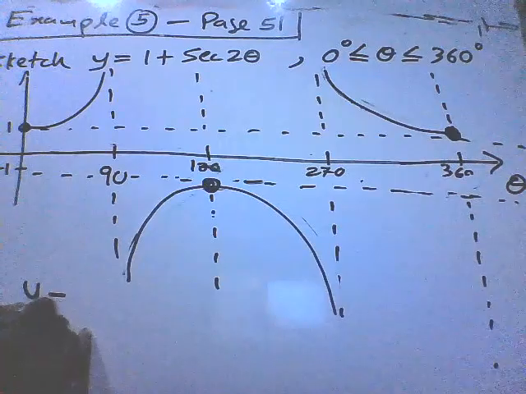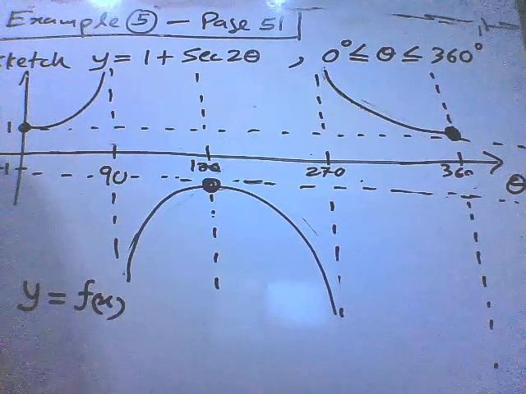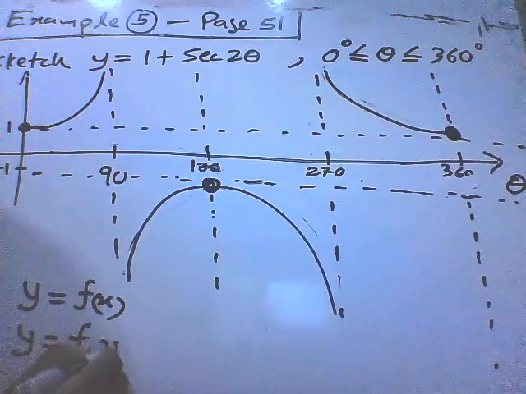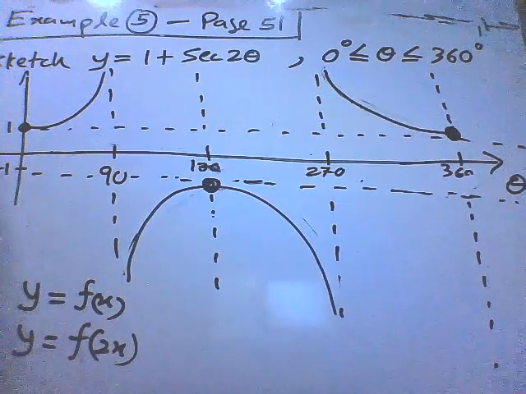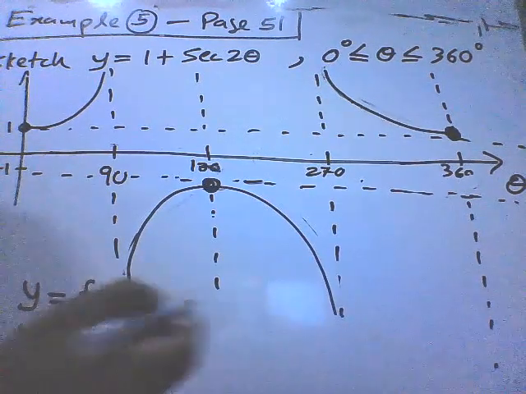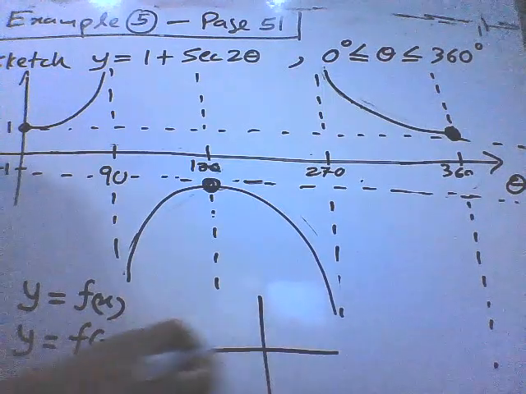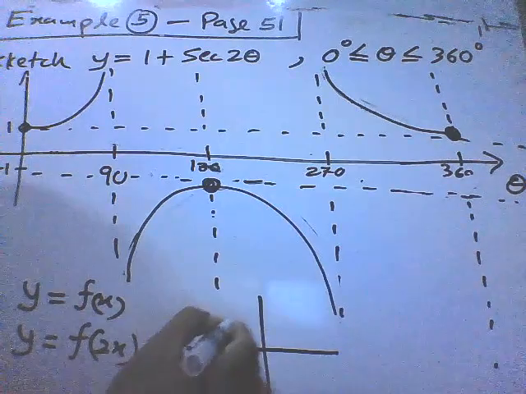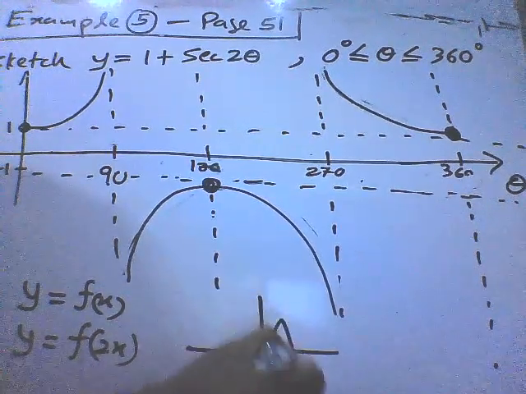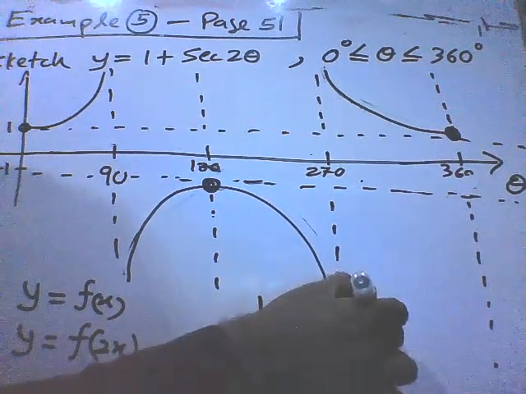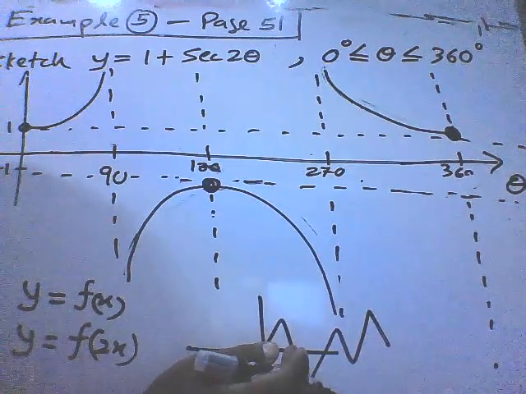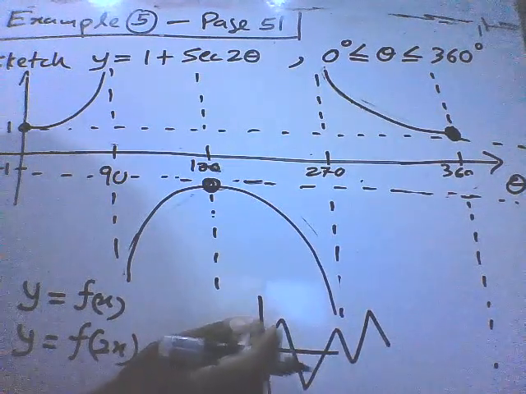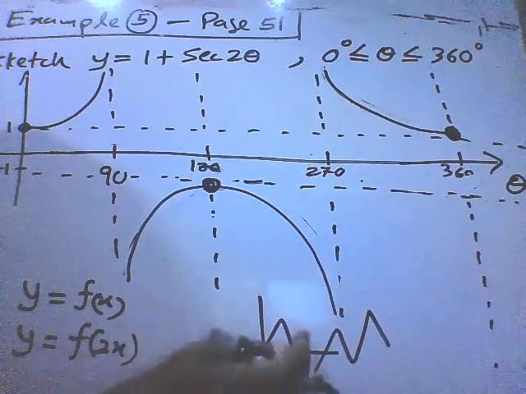If we have y equal f(x) and y equal f(2x), whatever graph we draw, all the graph's x coordinates will go to half of it. It will compress, because it is 2, it is not becoming twice.